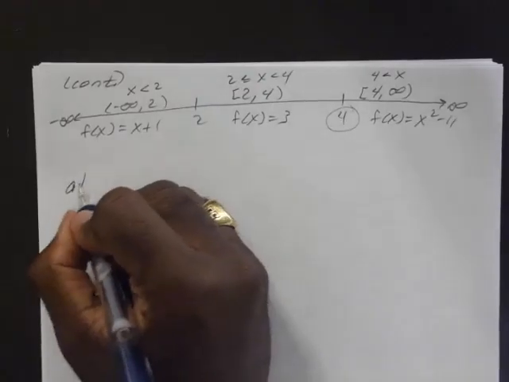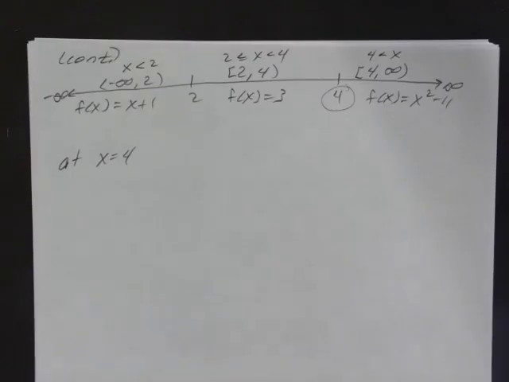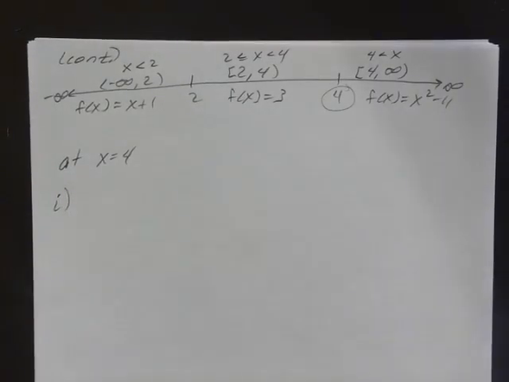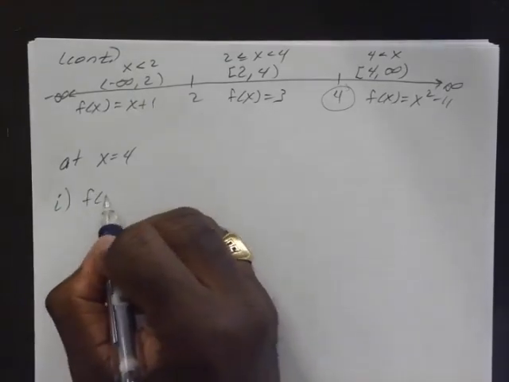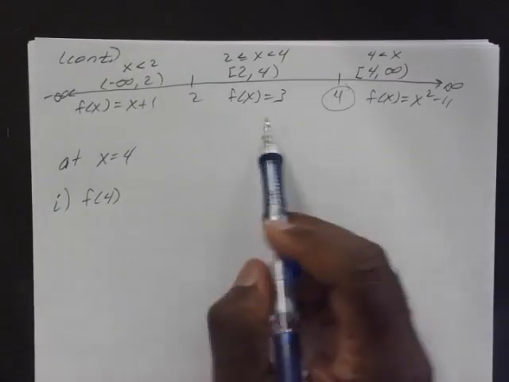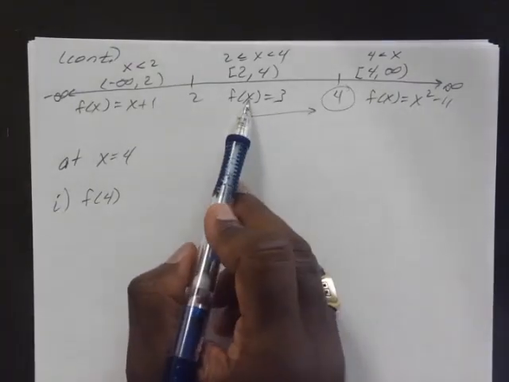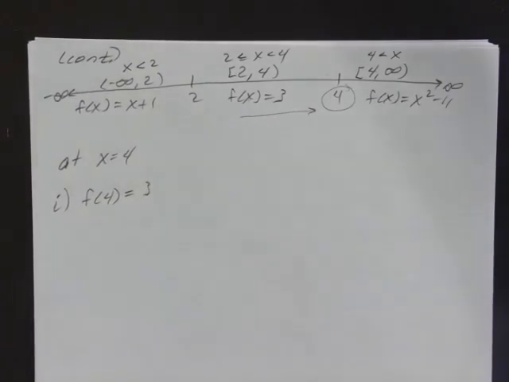Okay, so we do the same thing at x is equal to 4. Okay, but if we look at the first condition, we want to see if f of 3 is defined. I mean, f of 4 is defined. Okay, but we know that from the left, f of x is equal to 3. So replace x with 4, f of 4 is still equal to 3.